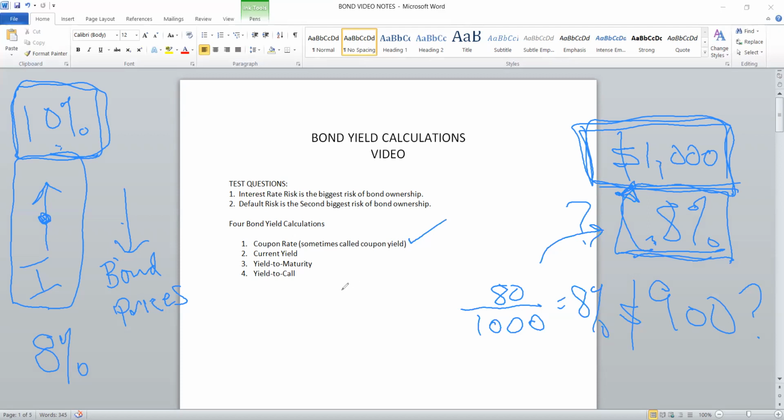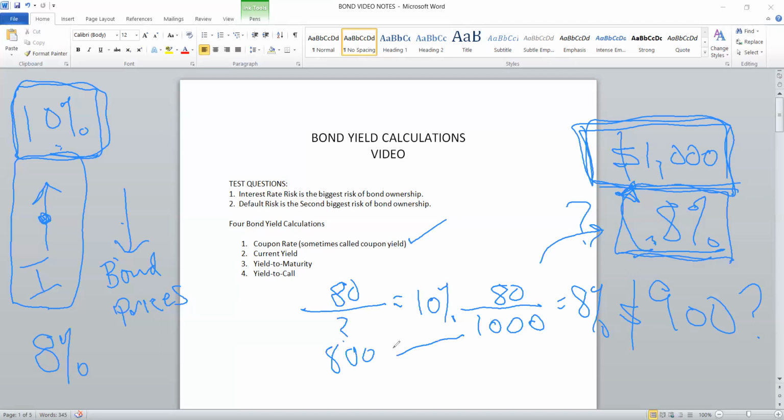So what Wall Street is basically saying is, you have to figure out, getting $80 a year, what would you be willing to pay for this to be 10%? This calculation is easy: $800. So there you go. That's what the bond would have to fall to.